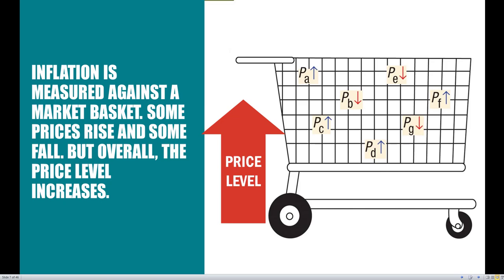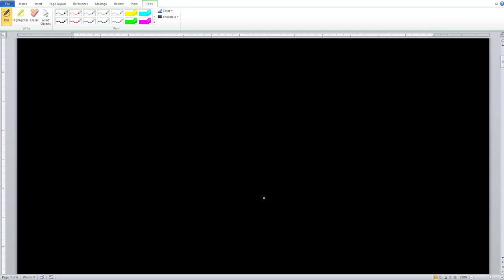So what exactly is a price level, and what exactly is a price index, just to go ahead and start us off. Here, we notice that the price level of this market basket of goods and services is going to increase, but what exactly is the price level? The price level is exactly what we are interested in solving for. It's the absolute value of a price index.